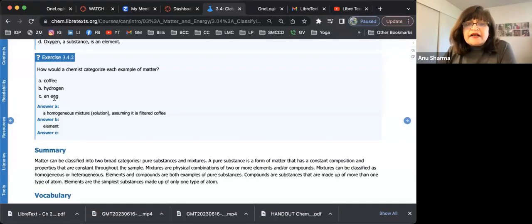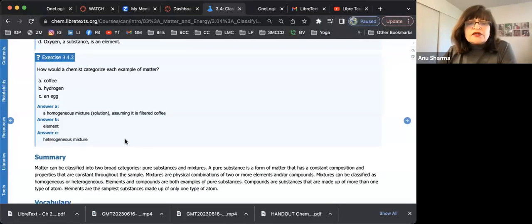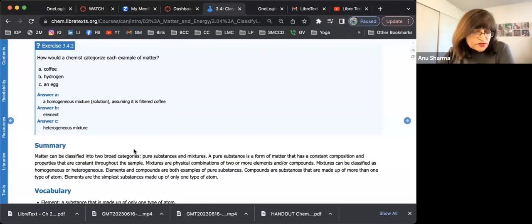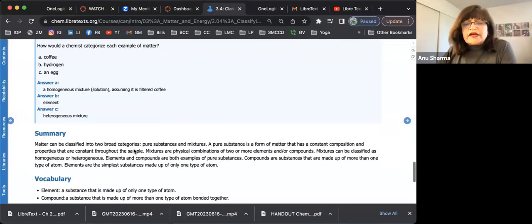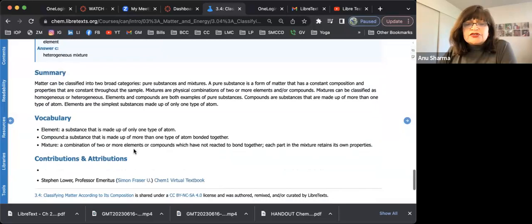Next is an egg. An egg is a mixture of several compounds, proteins and other nutrients, an egg yolk and whatnot. So that's a heterogeneous mixture. You can clearly see the individual components, the egg yolk and the sticky white stuff. So that's a heterogeneous mixture.